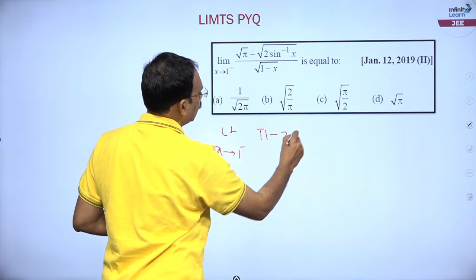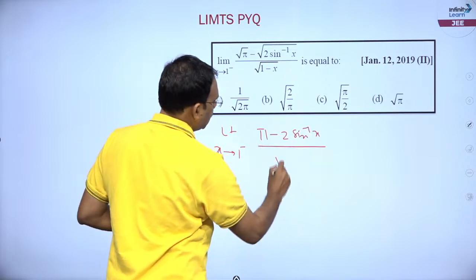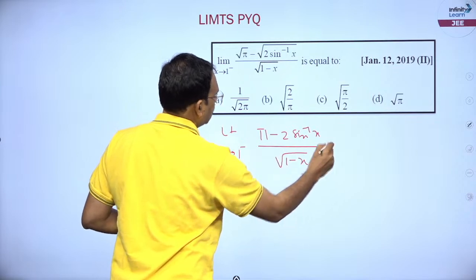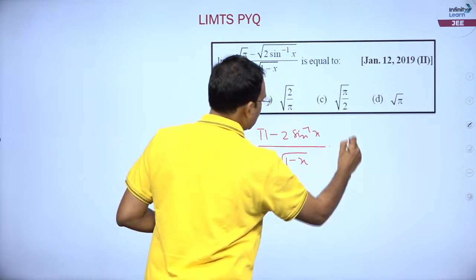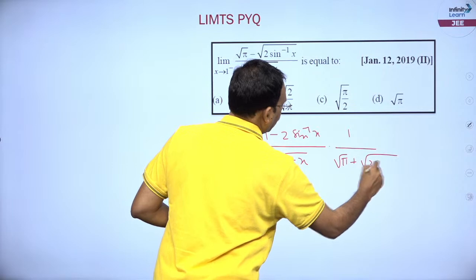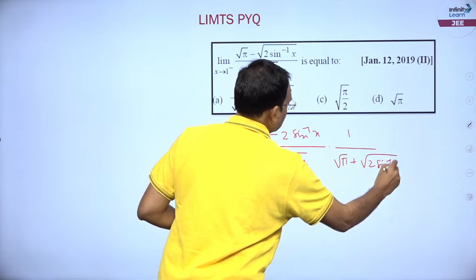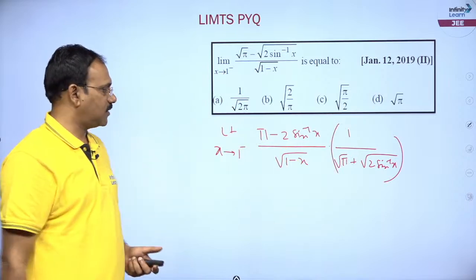Of course, I just maintain 1 minus x here itself. I have multiplied the numerator and denominator with this, so it will be like root pi plus root of 2 sin inverse x. Okay. After rationalization, this is the situation.